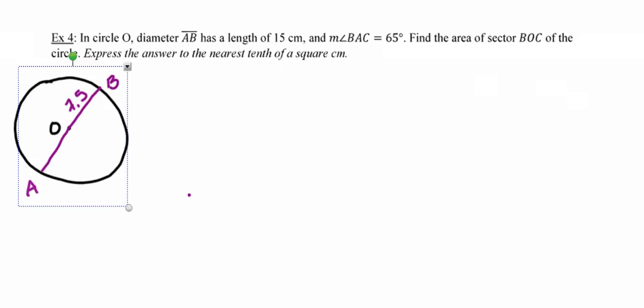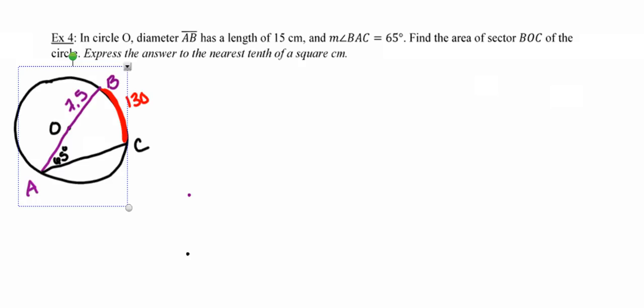The measure of angle BAC is 65 degrees. So this angle here is 65 degrees. And if that angle there is 65 degrees, I know that the measure of its intercepted arc has to be double that because it's an inscribed angle, making the measure of that red arc 130 degrees.